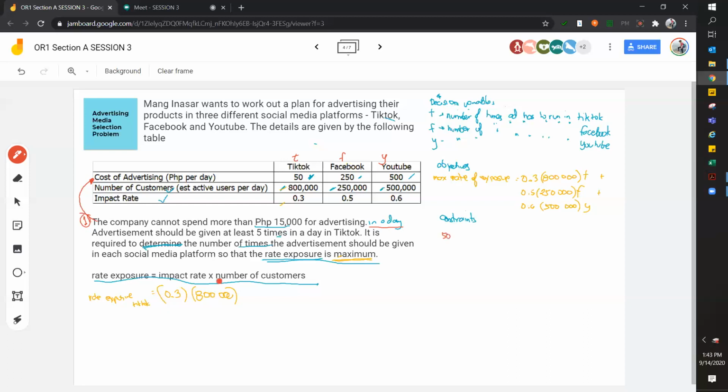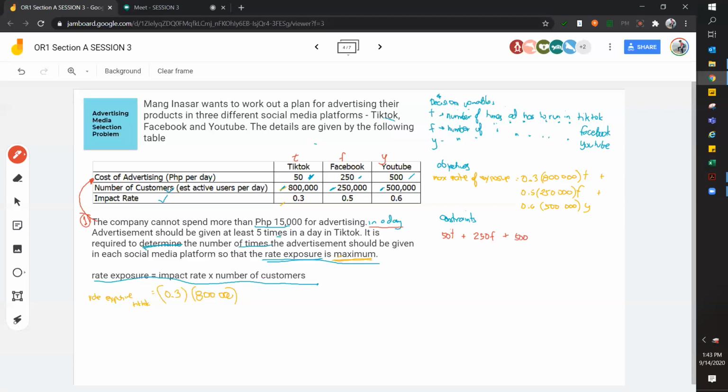50 pesos per day. 50 times the number of T. Number of TikTok. Tama pa? Plus 250. Number of times ilalagay siya sa Facebook. Agree?